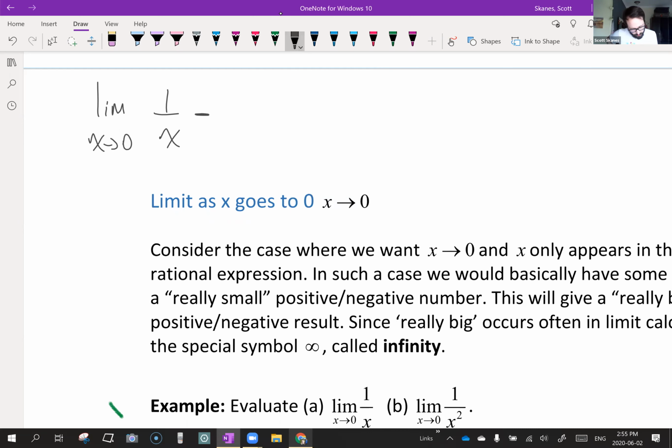What's a very, very small number that is close to 0 but not quite 0? You could say 0.1, or 0.00001, just like we did, or 0.000001. Basically what we're saying is that we have 1 over some small positive number.